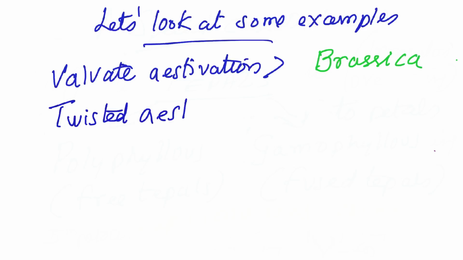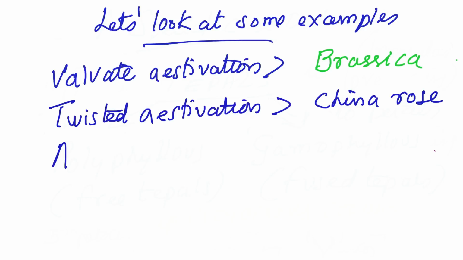Going on to twisted or contorted aestivation, which means continuous overlapping, a standard example in that category is China rose.